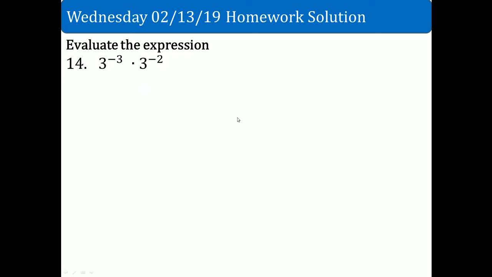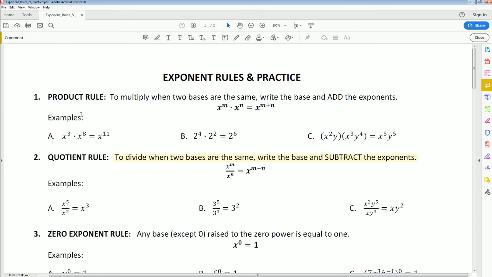Okay? 14. 3 to the power negative 3 times 3 to the negative 2. This is a multiplication of powers right here. Therefore you add the powers. So it becomes negative 3 plus negative 2. This is the product rule.